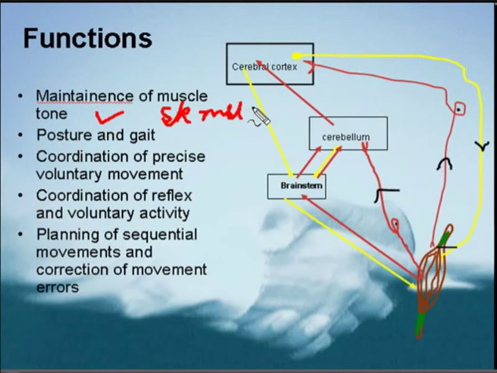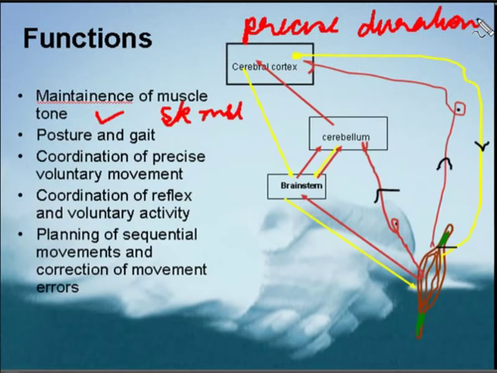And there is precise movement for precise duration. So that means the cerebellum prevents unnecessary movements, and it makes sure that the movement doesn't go beyond a certain limit. So that's why we say precise movement for precise duration. So the movement does not go on beyond a certain limit. So, it limits voluntary movement. So that is one of its functions.